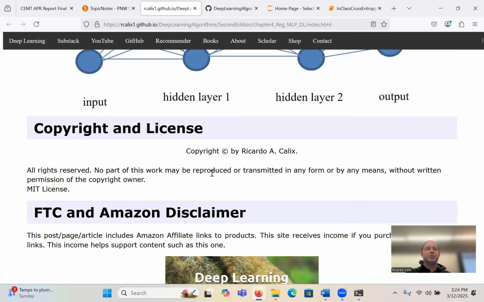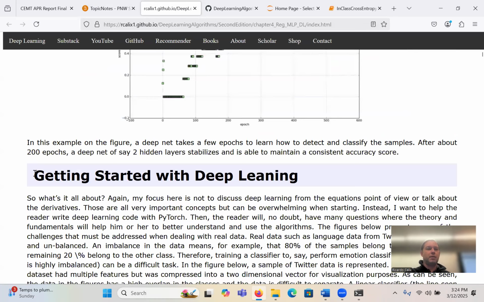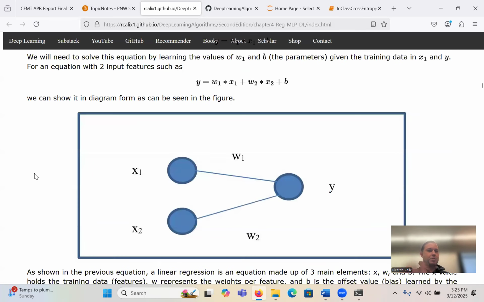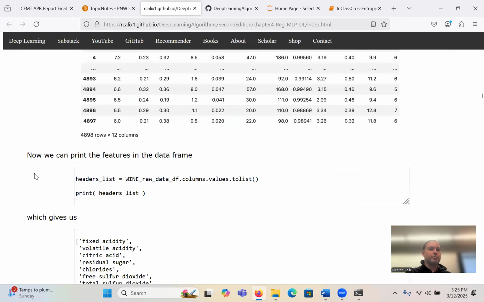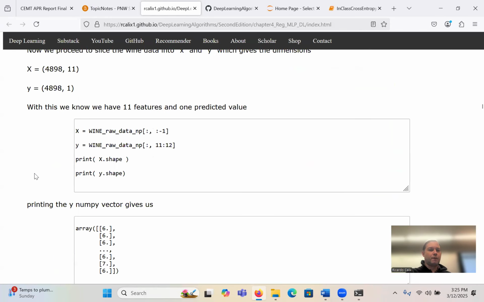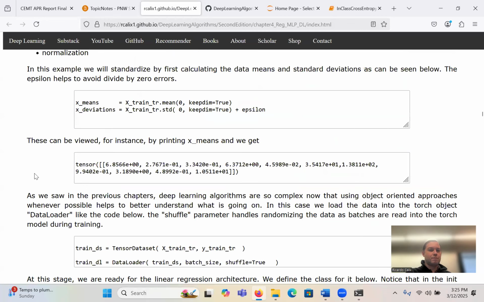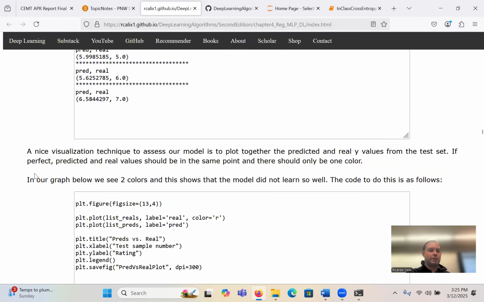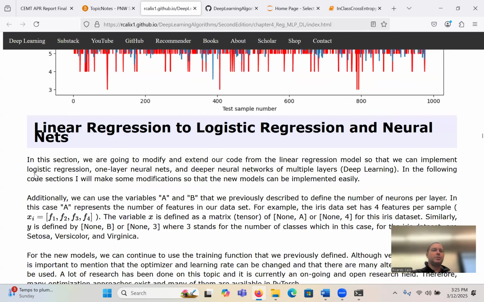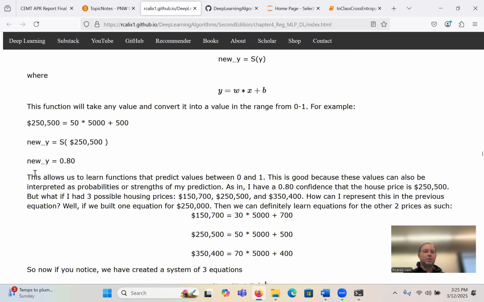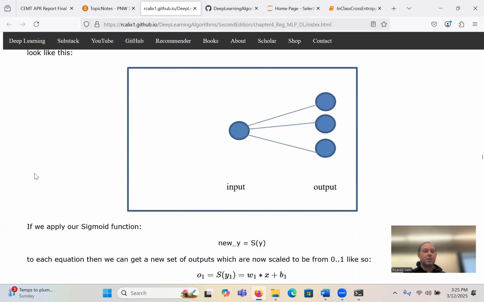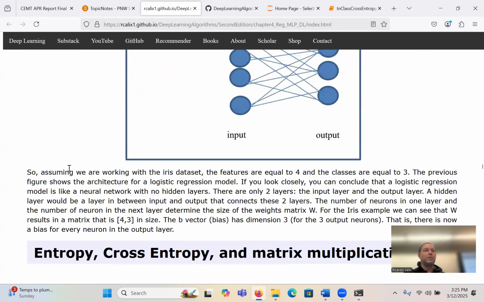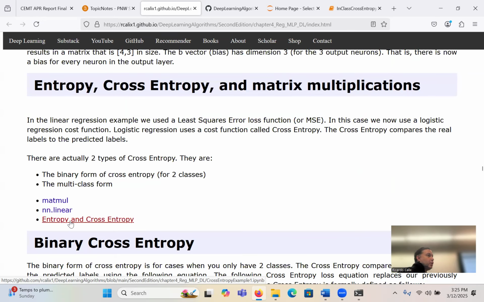So you guys are reading through this chapter and hopefully you've read all of this already. Linear regression we've covered already. R square we've covered. We're on logistic regression. Cross entropy here. So this is where we are. So this is the Jupyter notebook I just did.